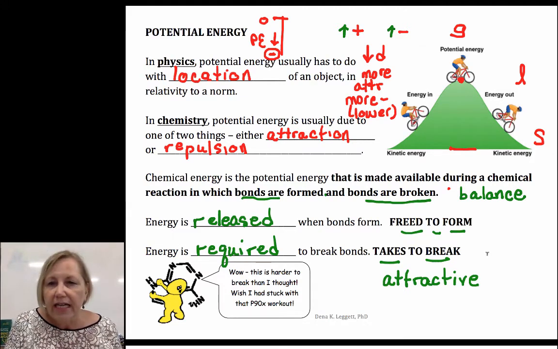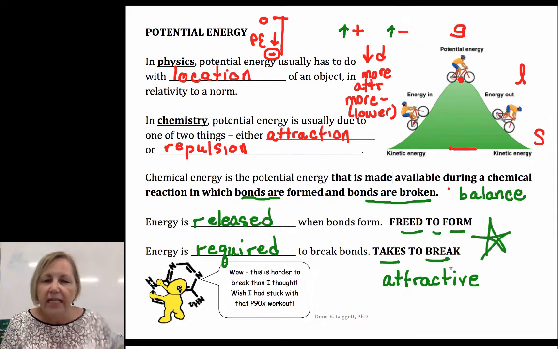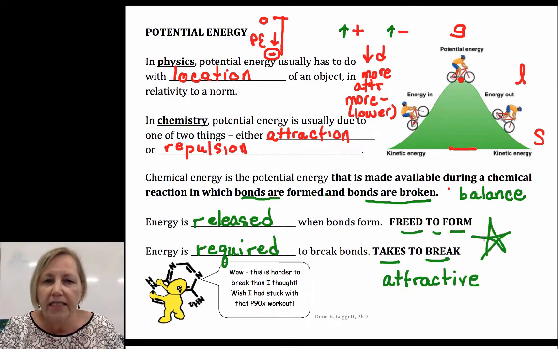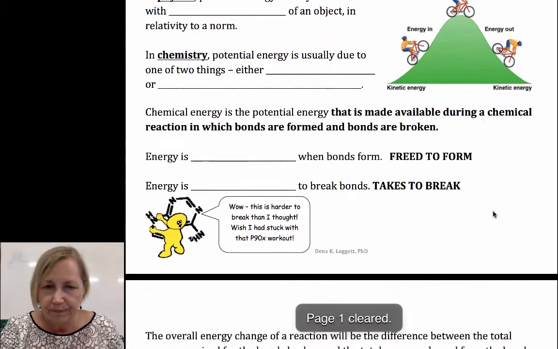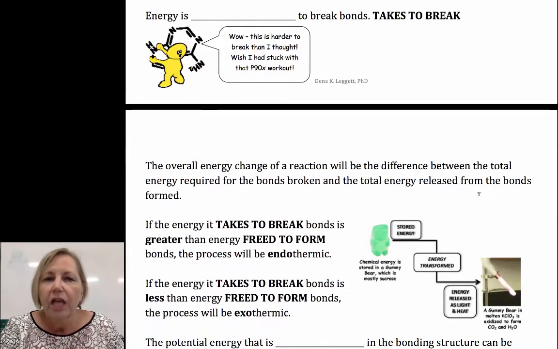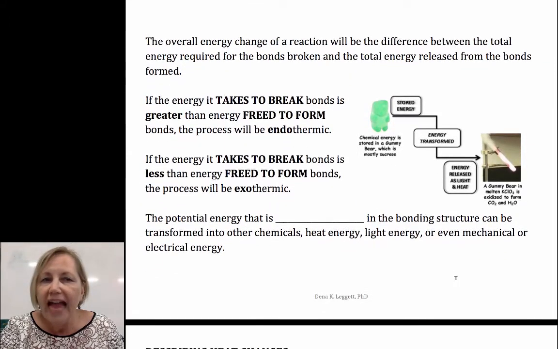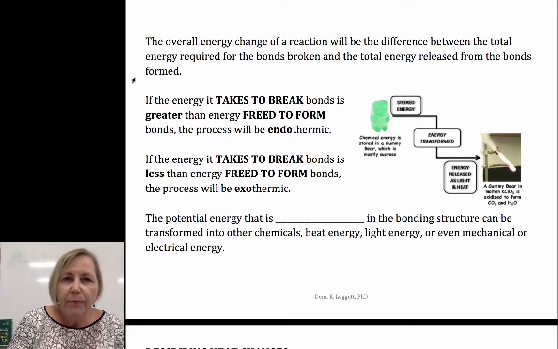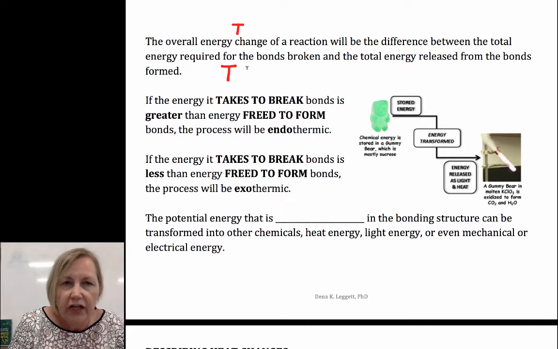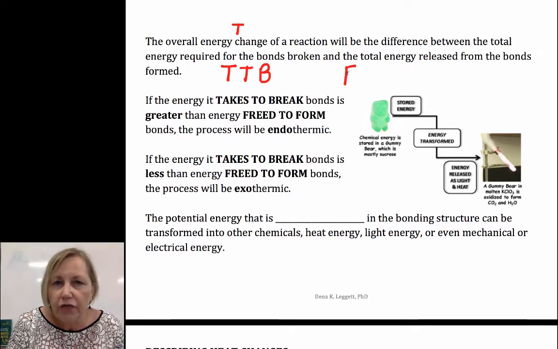For chemistry, this is one of the most important things that you need to get into your mind. Energy is released when bonds form, free to form, takes to break. The overall energy change of a reaction is found if we add up all the energy that it takes to break, and then add up all the energy that's freed to form.